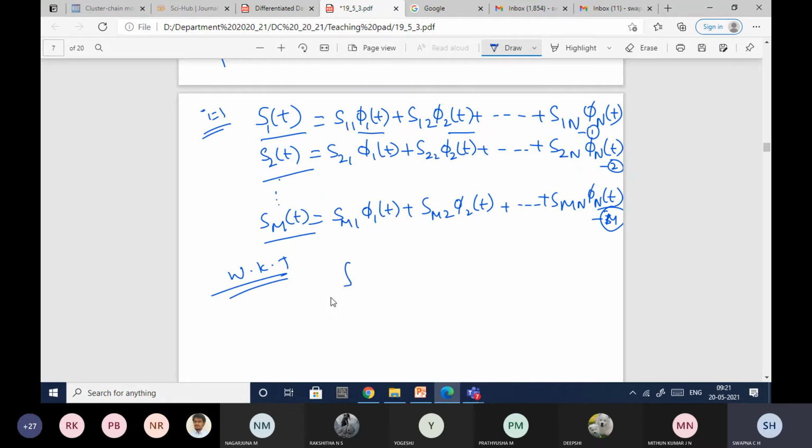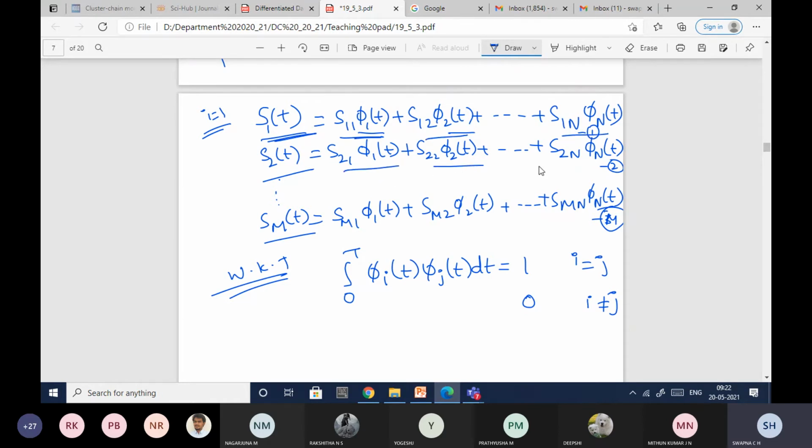Integral 0 to T of phi i of t into phi j of t dt is equal to 1 if i is equal to j, and equal to 0 for i not equal to j. This condition it has to satisfy. Only when this condition is satisfied will we be able to represent the modulated signal as a linear combination of basis functions like this.